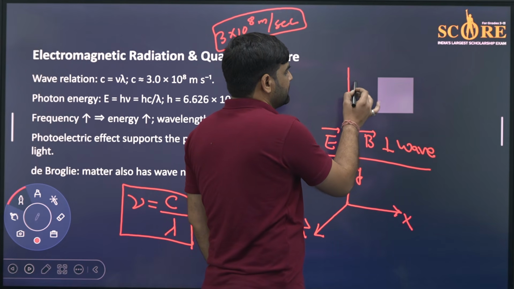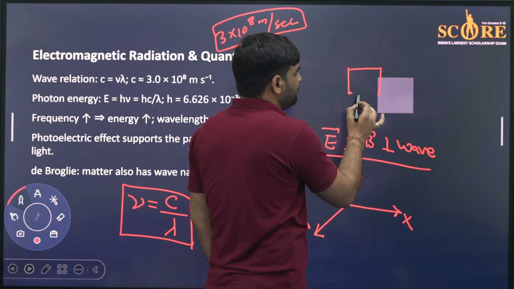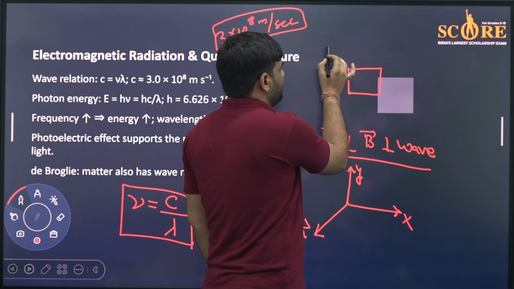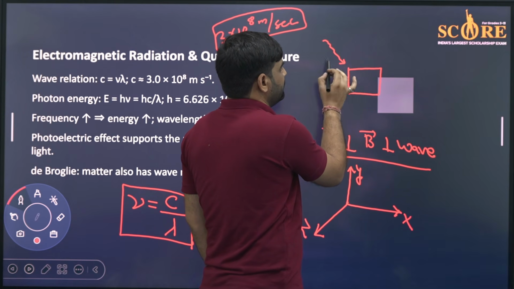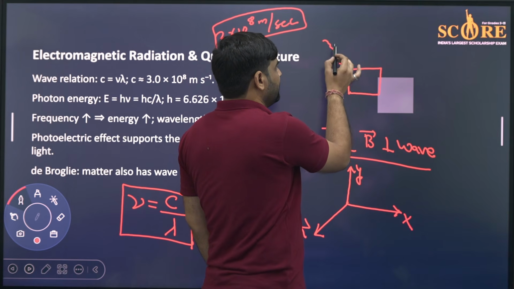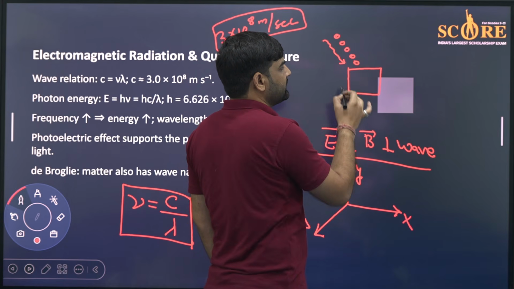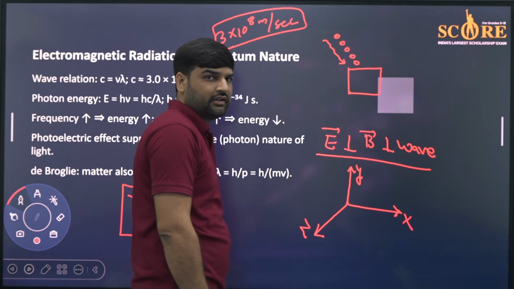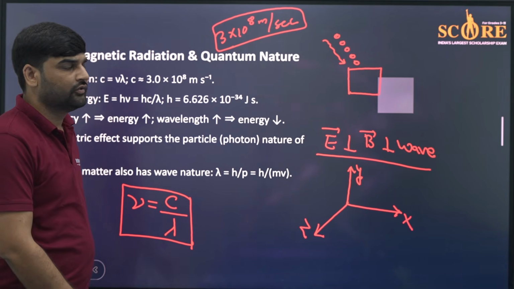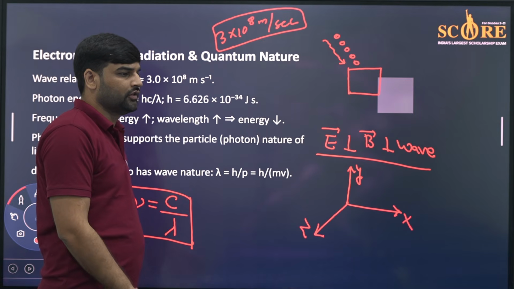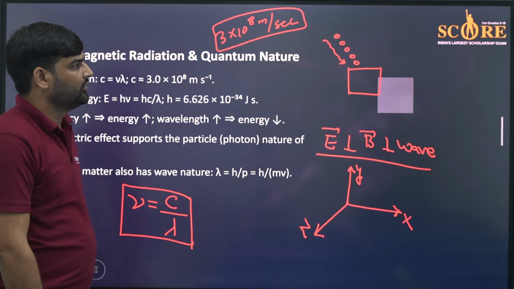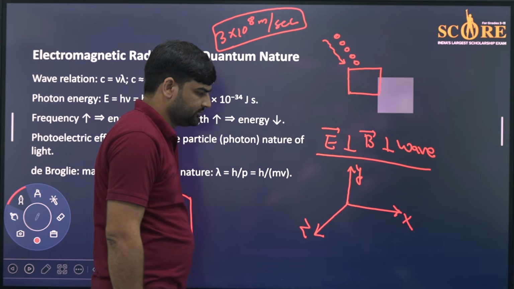Also, according to Planck's theory, if an object absorbs energy, then it absorbs energy by small packets. These small packets are known as photons.